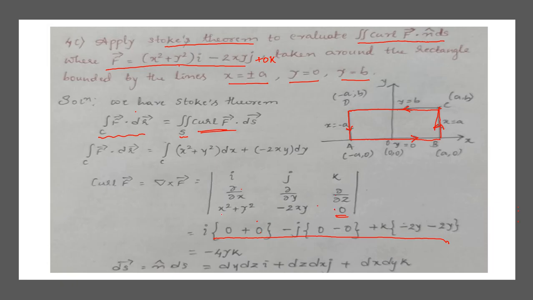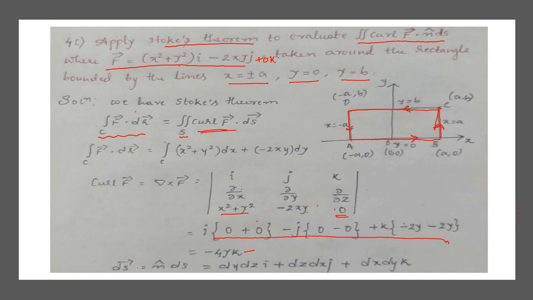Minus del by del z of x square plus y square is 0. So 0 minus 0. Plus k times del by del x of minus 2xy, which is minus 2y, minus del by del y of x square plus y square, which is plus 2y. So minus 2y minus 2y becomes minus 4y k. This is the del cross f we got.